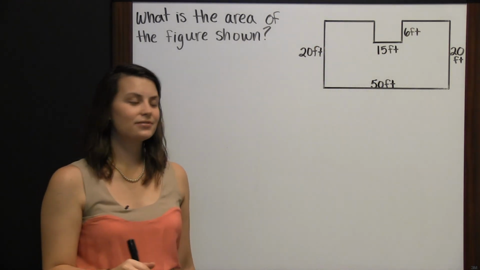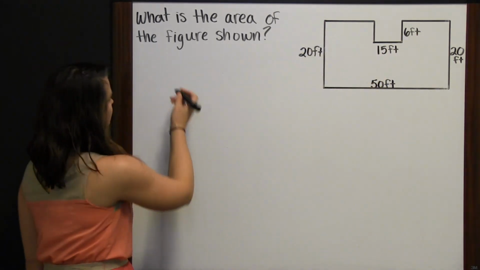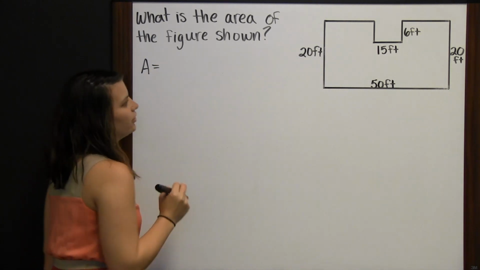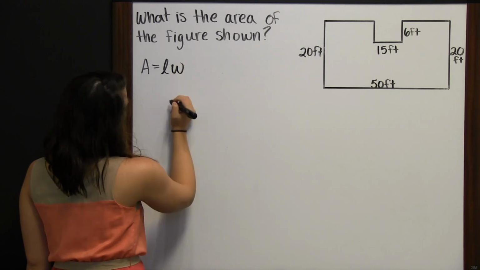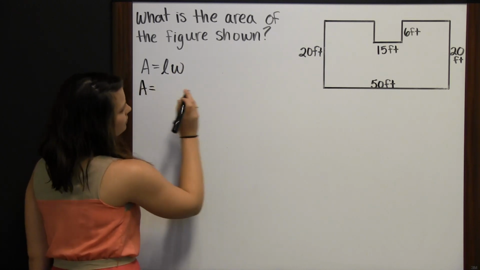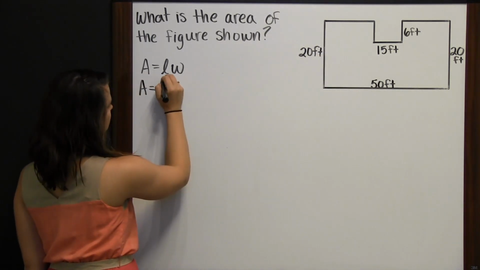So first, we'll find the area of the large rectangle. And the area of a rectangle is the length times the width. So the area of the large rectangle is 20 feet times 50 feet.